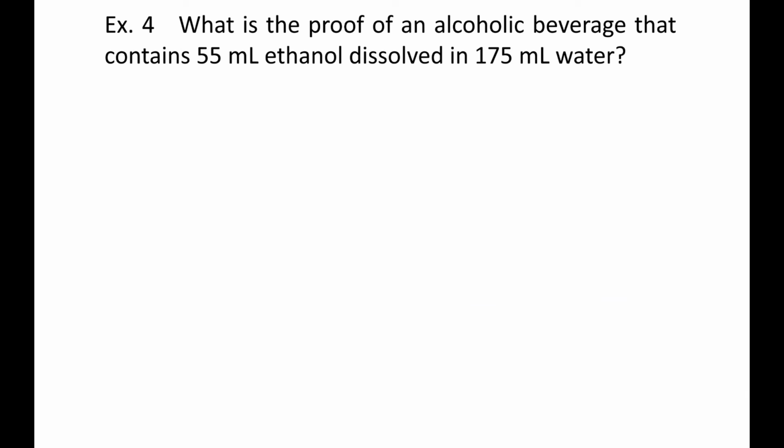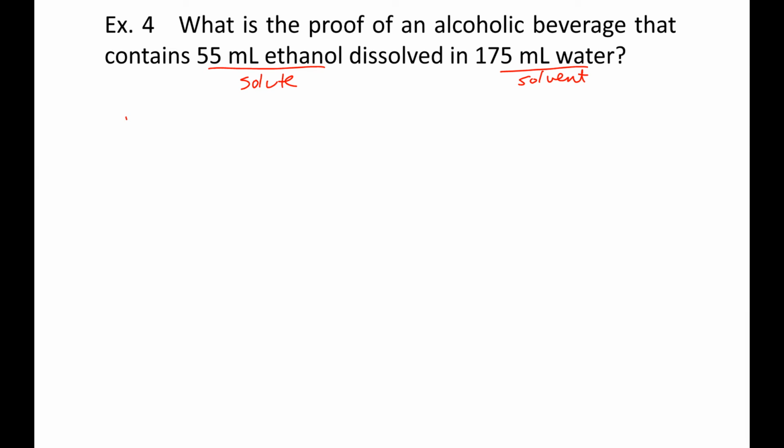Okay. What is the proof of an alcoholic beverage that contains 55 milliliters of ethanol dissolved in 175 milliliters of water? Okay. Well, this one's pretty easy. First off, we've got, just like before, this is your solute, and this is our solvent. We have to calculate the amount of solution.